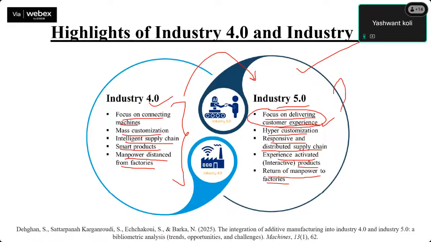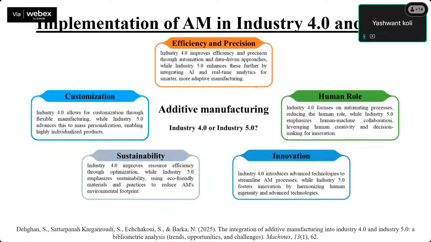So Industry 5.0 gives the opportunity for a variety of products and customer satisfaction. The customer is the end user, and the end user has to be satisfied by using Industry 5.0, by using DT and ML, by integrating these things, and the final product is for the end user. That is the main goal of 5.0.